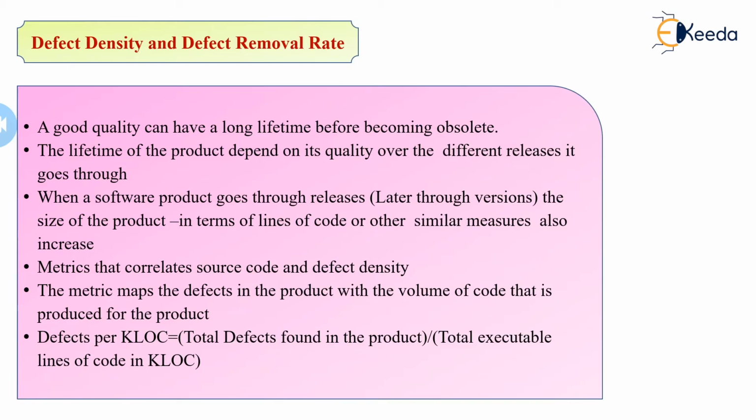There are several standard formulas for calculating defect density, and this one is the most practical and easy metric to calculate. Defects per KLOC is total defects found in the product divided by total executable lines of code in KLOC.